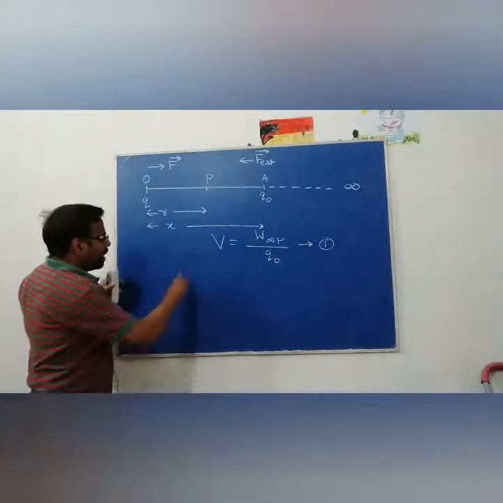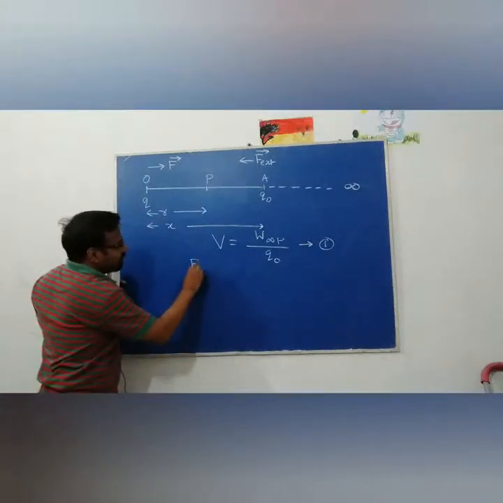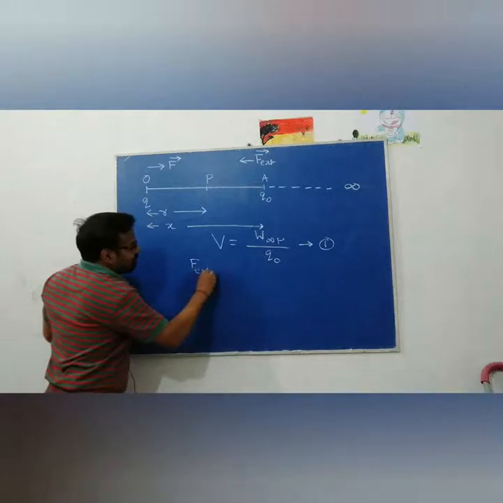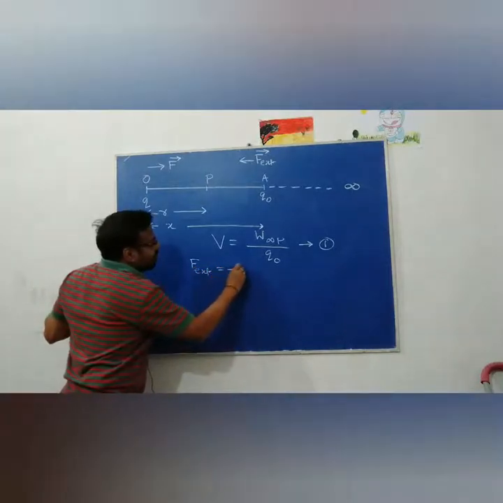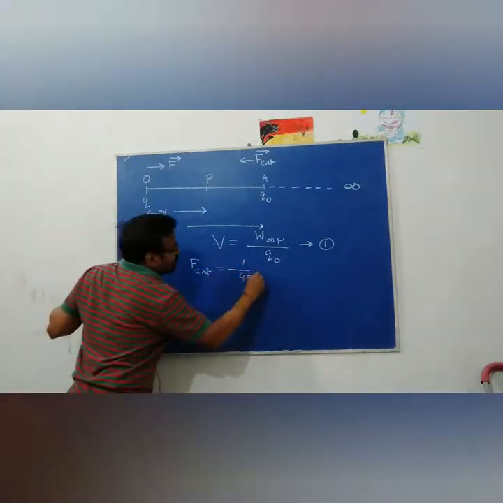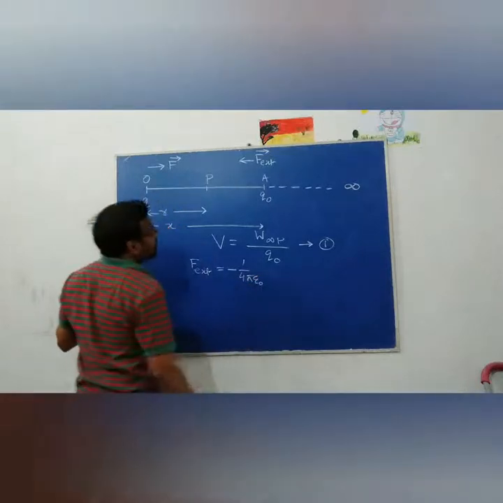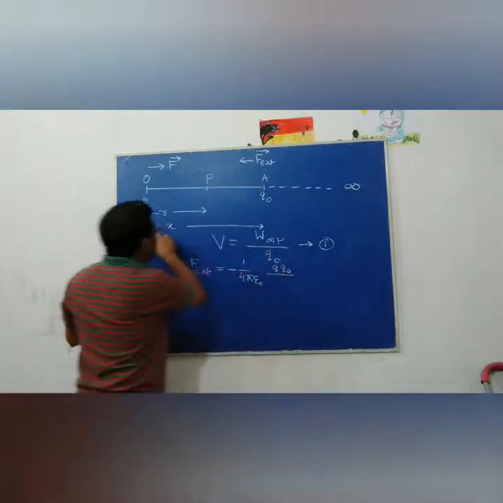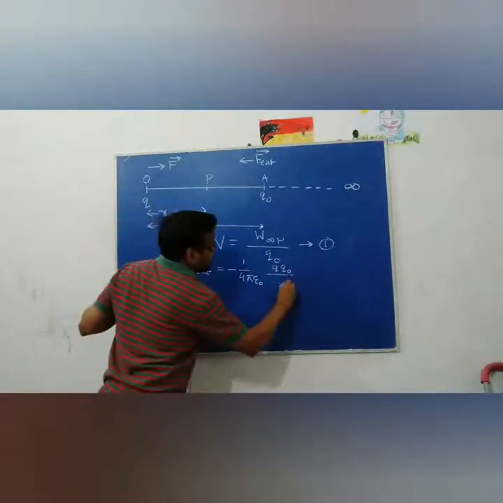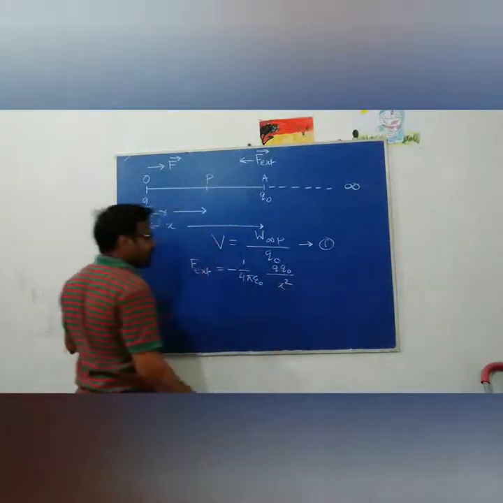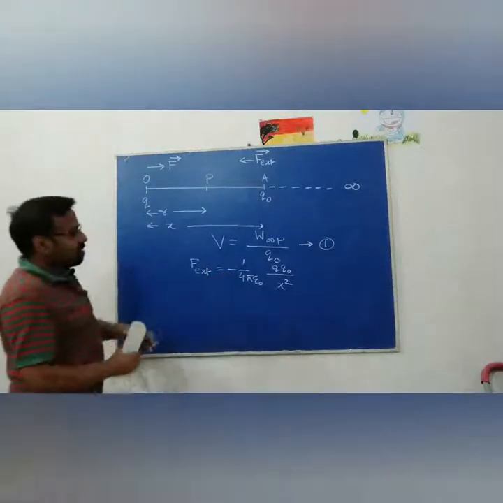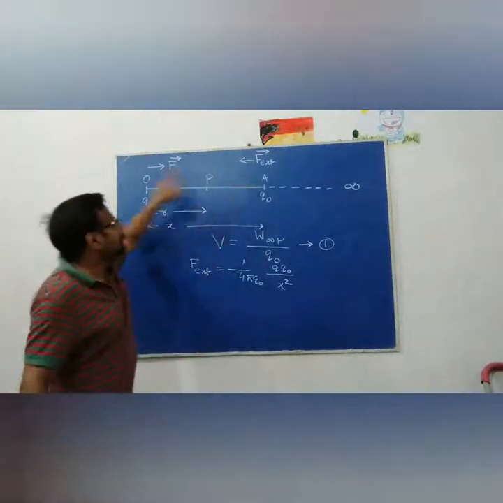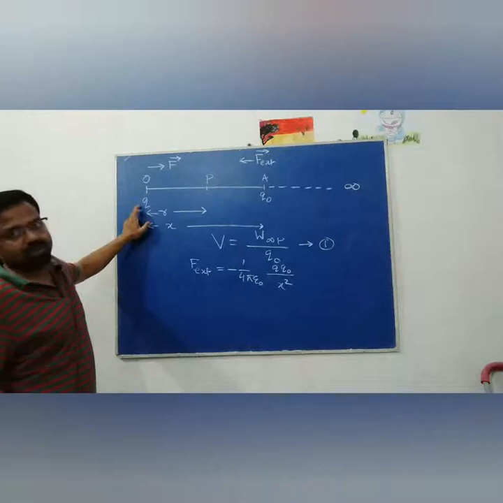So external force is minus 1 by 4 pi epsilon naught Q Q naught by X square. So here the minus sign is due to being opposite to the force due to source charge.